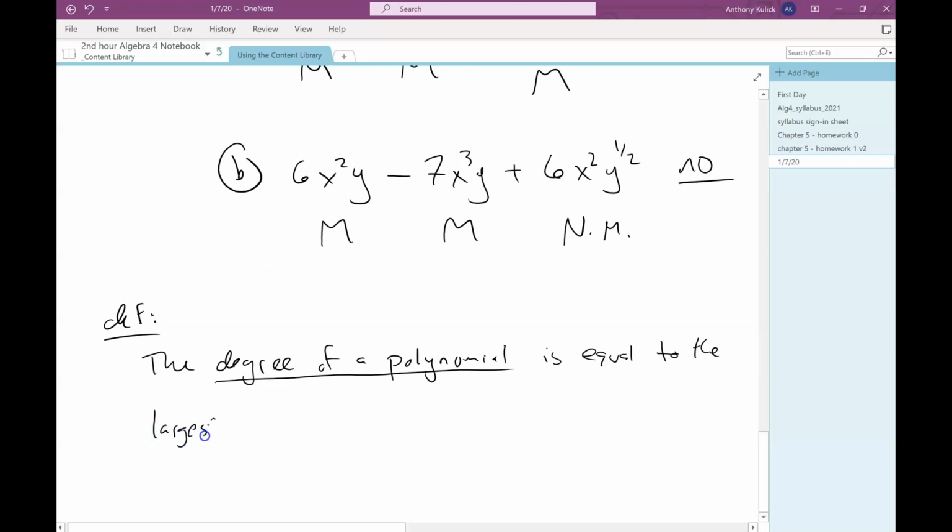So the degree of a polynomial is equal to the largest degree of its monomial terms.